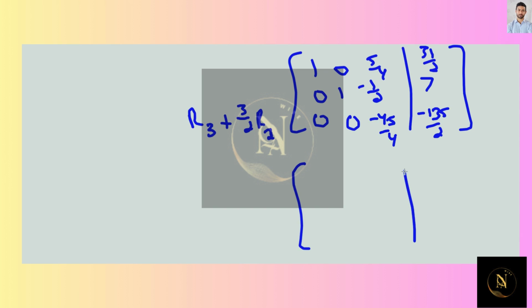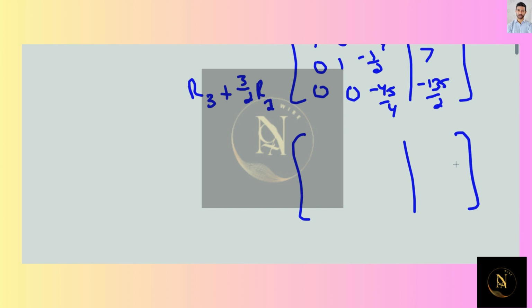Okay, now we can get a 1 in row 3 by taking negative 4/45 of row 3.